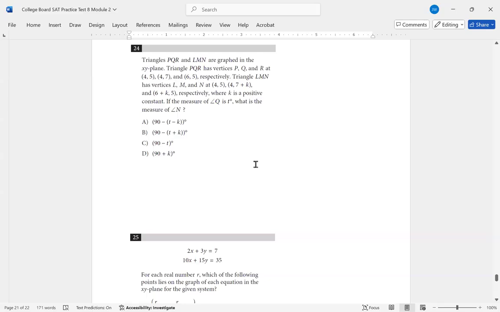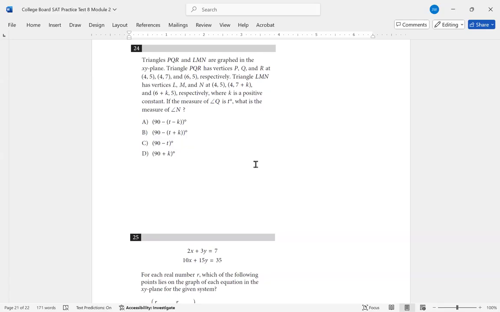Question 24. Triangles PQR and LMN are graphed in the xy-plane. Triangle PQR has vertices P, Q, and R at (4, 5), (4, 7), and (6, 5), respectively.